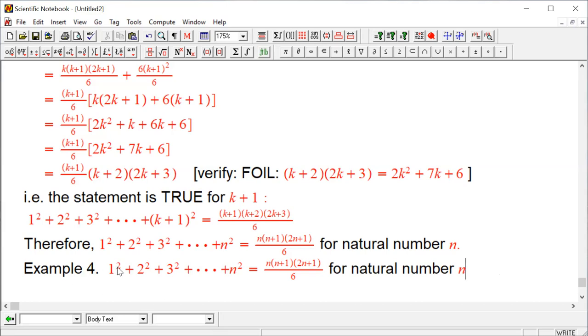But this time it is 1 to the power 3, 2 to the power 3, 3 to the power 3, all the way up to n to the power 3. Well, what does that equal to? It equals 4 n squared multiply n plus 1 squared.